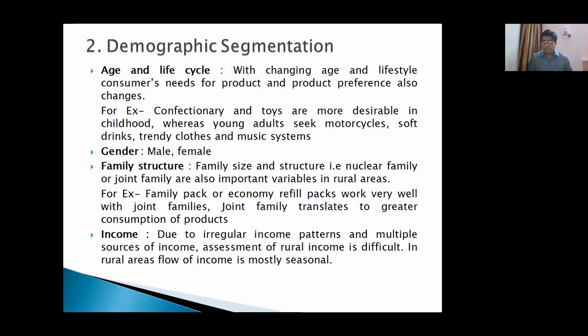Now, company has to choose which segment they want to serve. They want to serve only one segment, for example, toys or confectionaries for children, or they want to serve all the segments. It depends on the company's objective.